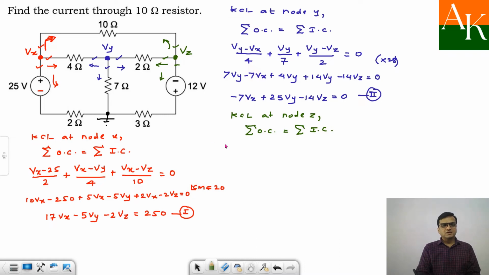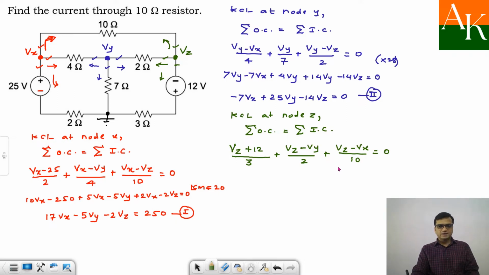So this downward current I can write down as Vz plus 12, as you progress, and then you reach the reference node where the voltage is 0, so minus 0 divided by the resistance in this path, that is 3. The leftward current is (Vz minus Vy) by 2, and the upward current is written as (Vz minus Vx) by 10, and this is equal to 0.